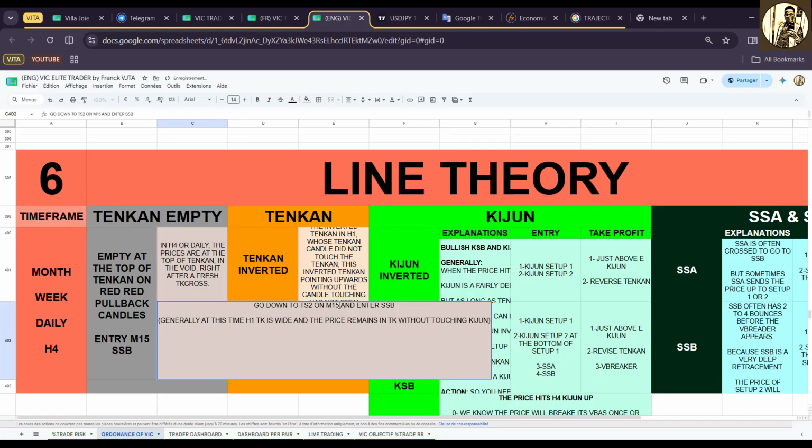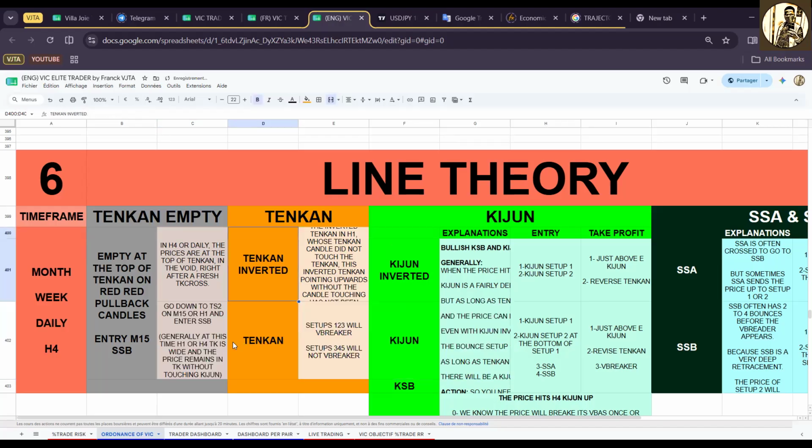Go on TS1, so on M15 or H1, and enter on SSB. Generally, at this time, the H1 TK cross or H4 TK is very wide and the price remains in the space between Tenkan and Kijun without touching Kijun.